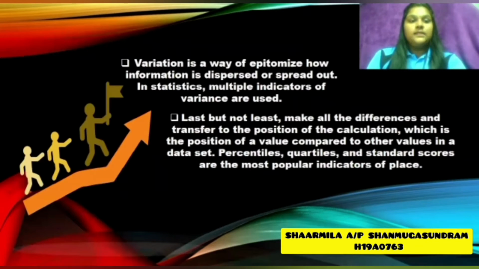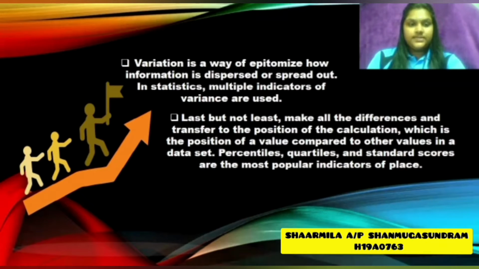Besides that, variation is a way of measuring how information is dispersed and spread out. In statistics, multiple indicators of variance are used. Firstly, one of the most distinct indicators of variance is the range. It is the distance between the smallest and the largest data object in the collection.